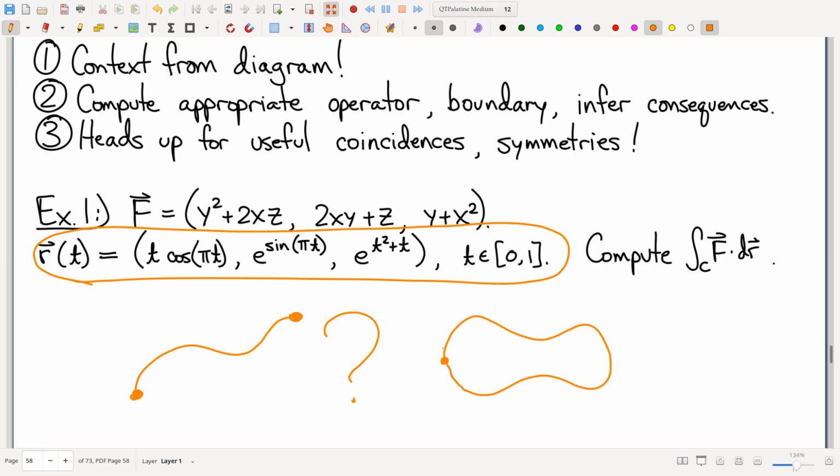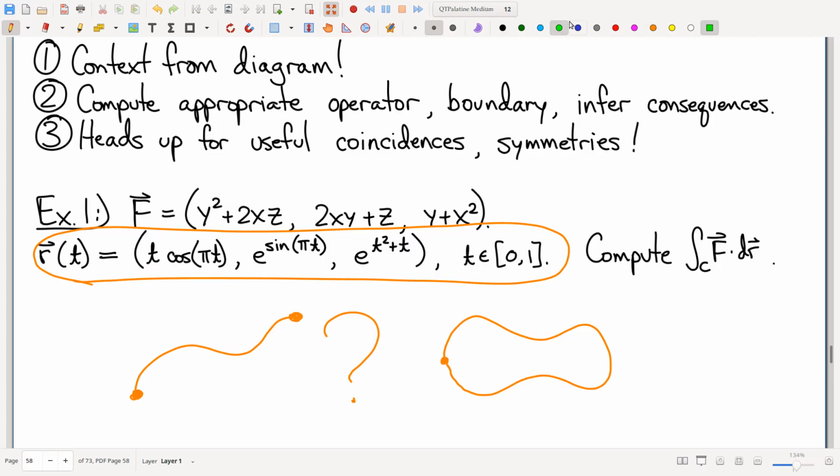Every curve is either open or closed in this sense. Curves that are open are not boundaries. Curves that are closed are boundaries. So how do we tell the difference?